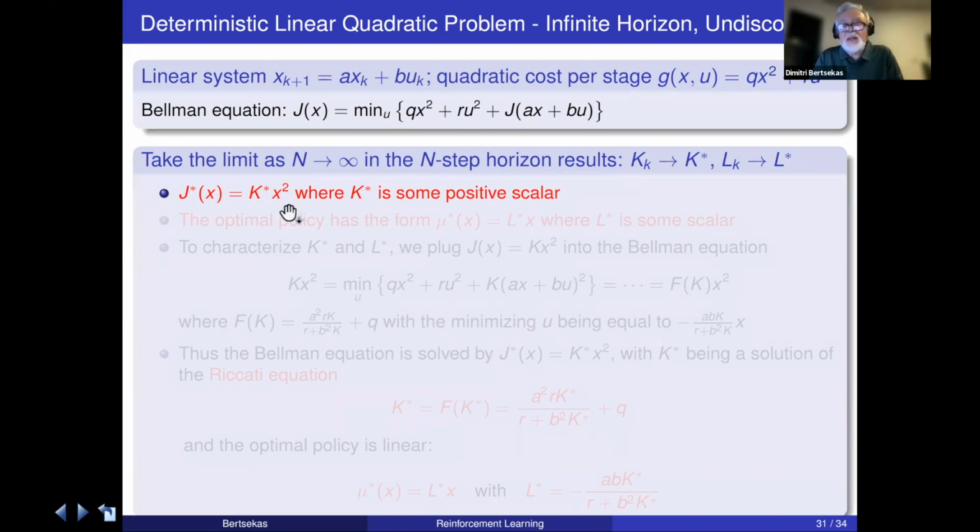It is a quadratic involving a scalar K star to be determined, some positive scalar, but it's quadratic in x. And the optimal policy is linear of this form, where L star is again some scalar.